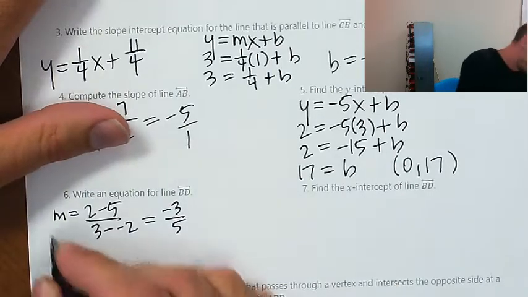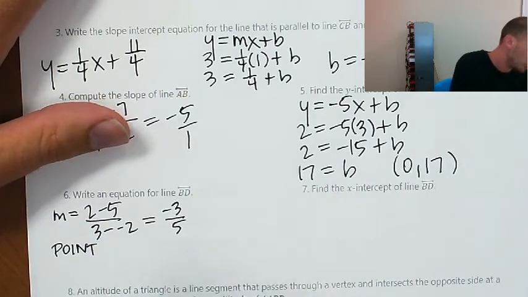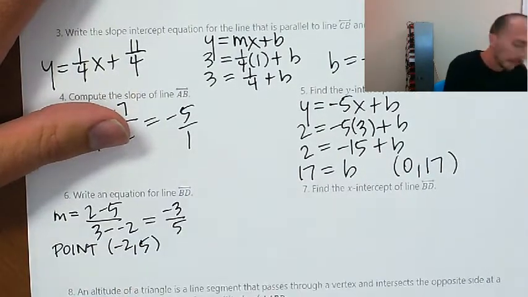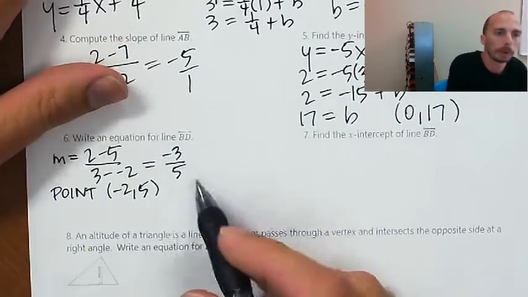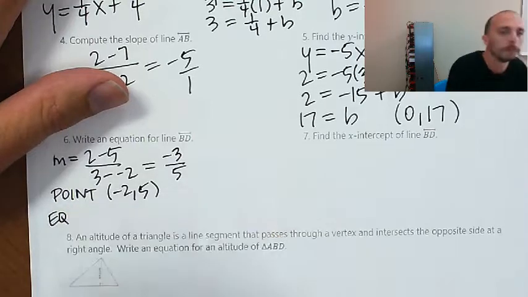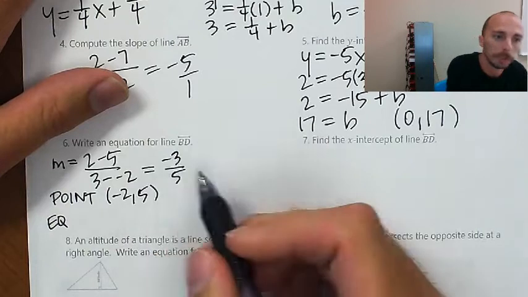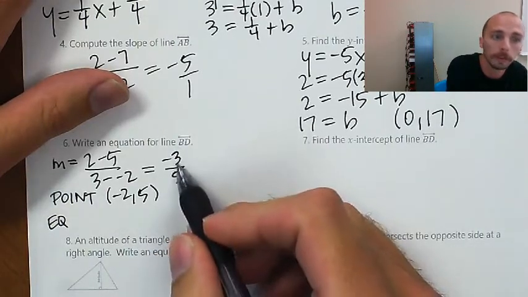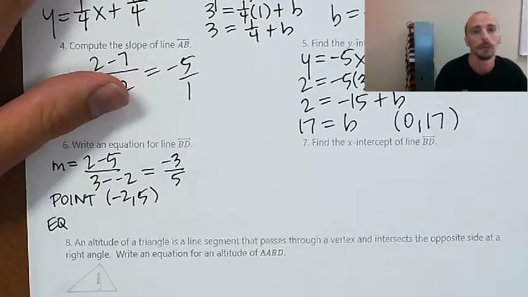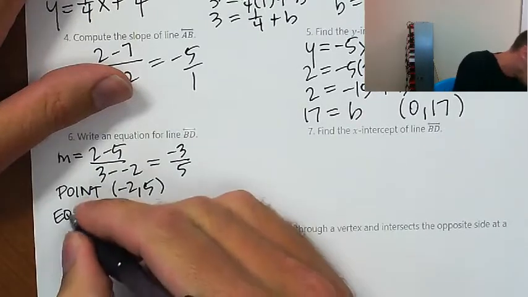And then we've got a point. It doesn't really matter which one we choose. Maybe I'll choose point D, (-2, 5). And then I'm going to write an equation. Me personally, I'm going to use point-slope form. If you can't remember that one, then you're going to have to write y equals mx plus b, plugging in for m, and then plugging in x and y to solve for b, which is going to take more steps than just remembering point-slope form.